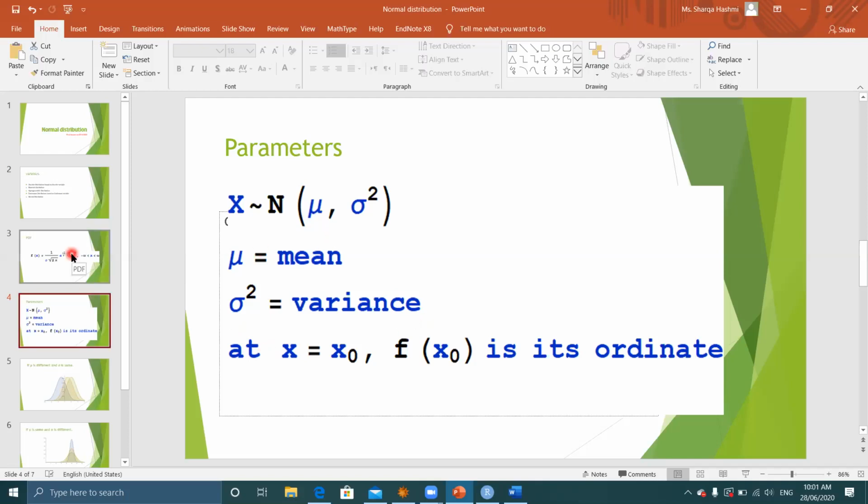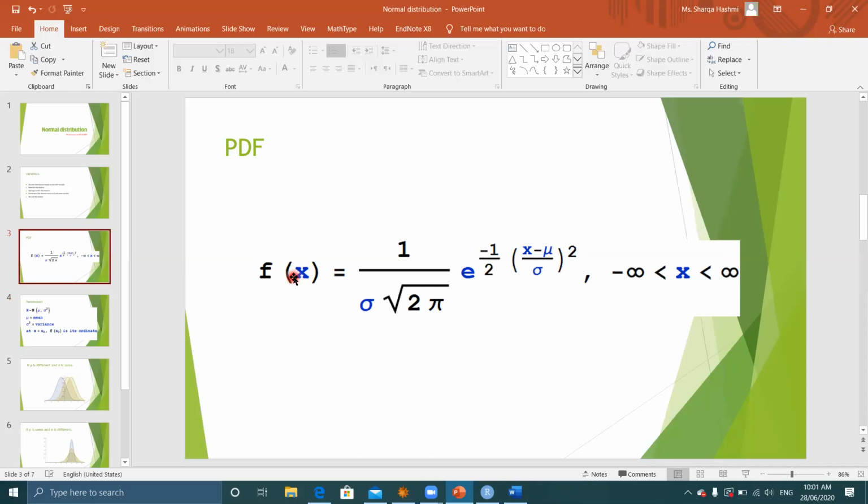Come to the probability density function. This is density function of x. If we put any specified value of x here, then that specified value comes here, and parameters are given, mu and sigma square.